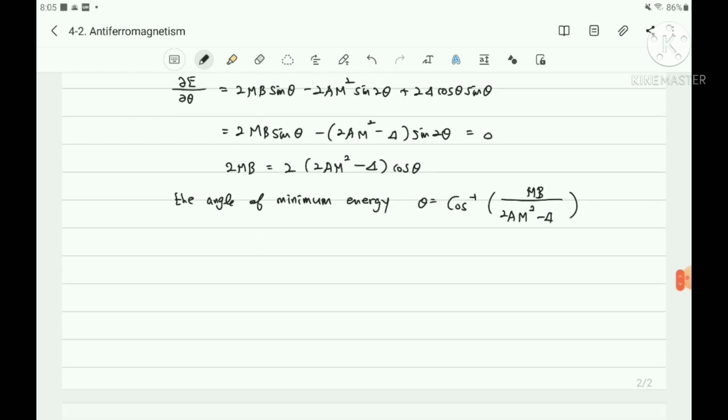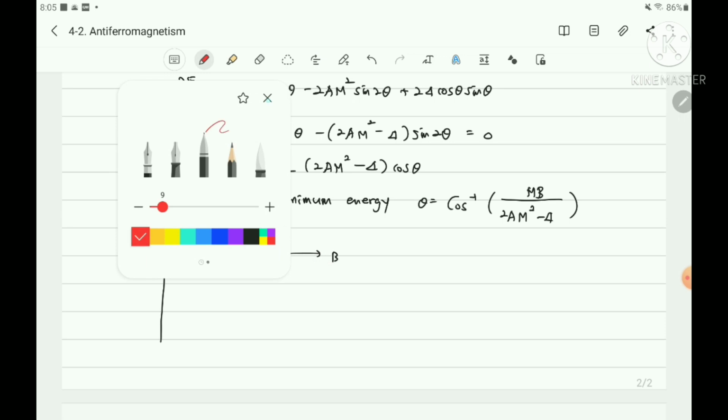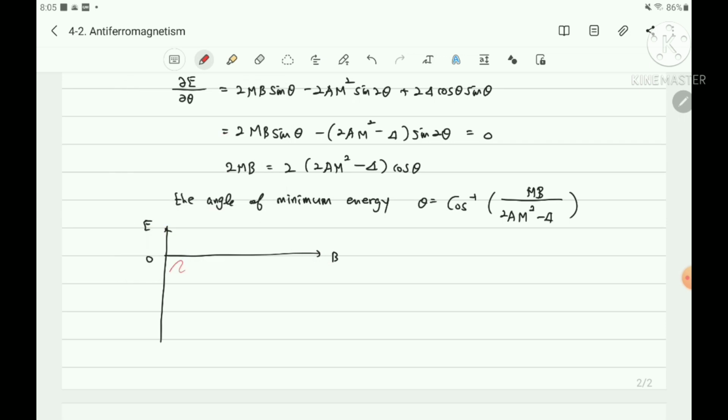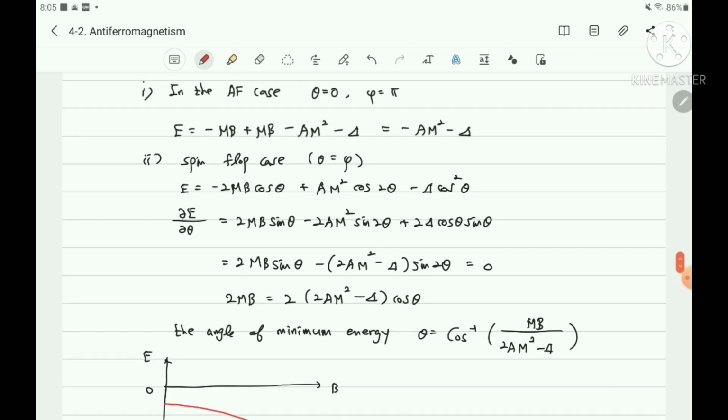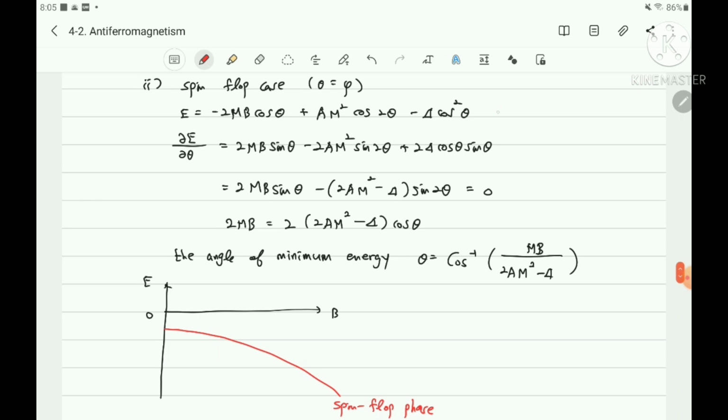Therefore, when you consider the energy diagram with magnetic field, the energy has this kind of behavior, like a spin flop transition. The spin flop phase energy diagram can be written down like this.